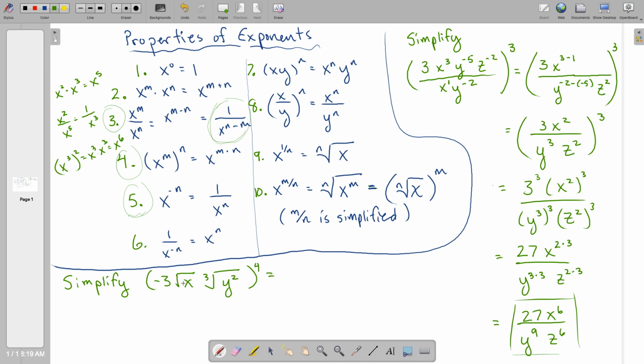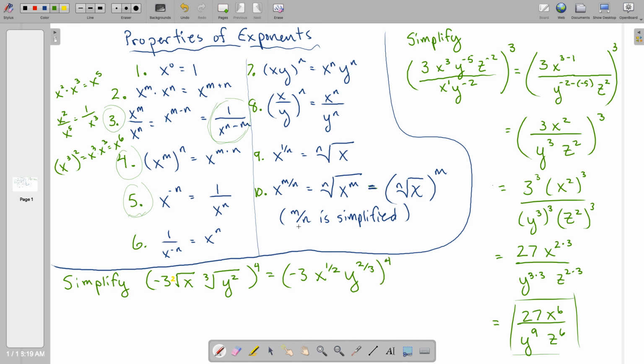So remember that anytime you have the root without a number here, there's really a 2 there, right? So there's a 2 hiding out anytime there's one missing, because it's the square root. So I end up with -3 x to the 1/2, and then y would be to the 2/3, right?